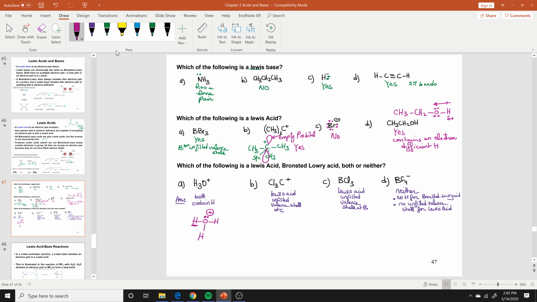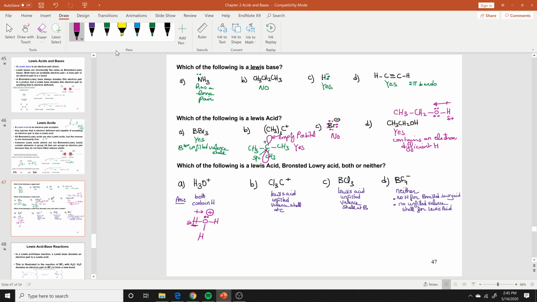It can act as a Lewis acid and a Bronsted and Lowry acid. It's a Bronsted and Lowry acid because it has a partial positive hydrogen. It is a Lewis acid because that hydrogen is an electron deficient site, an electron deficient hydrogen. This is why it is a Lewis acid.